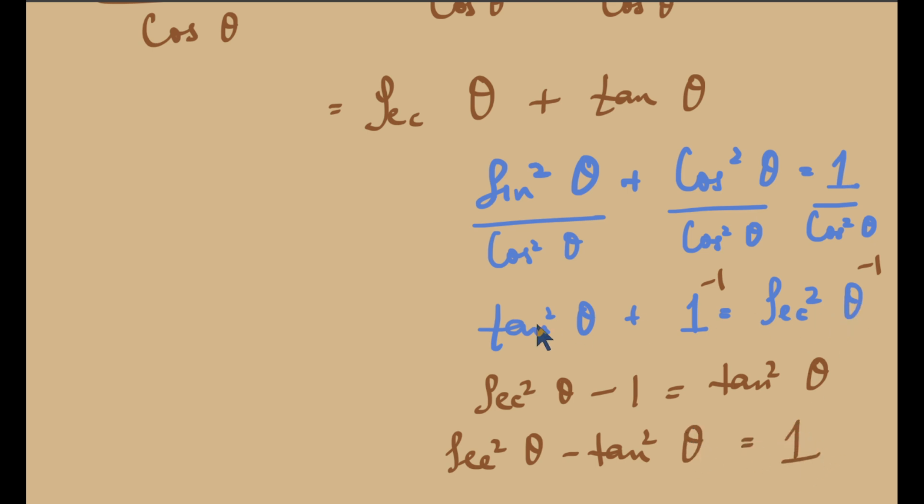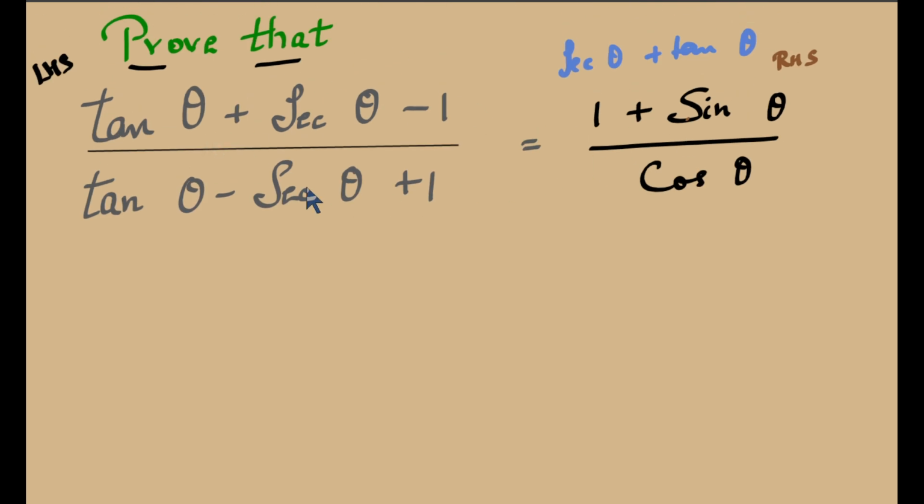I hope I am right. Yeah, secant squared theta minus tan squared theta is equal to 1. So let's try to use maybe one of these or more than one of these in proving that this left hand side is equal to the right hand side.